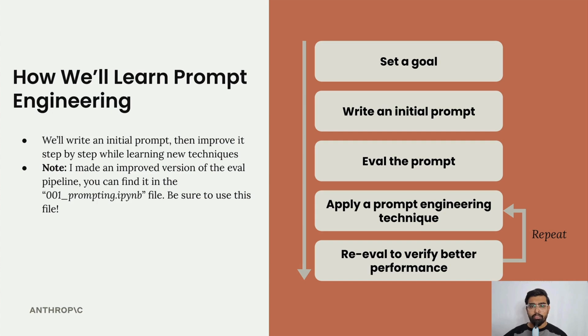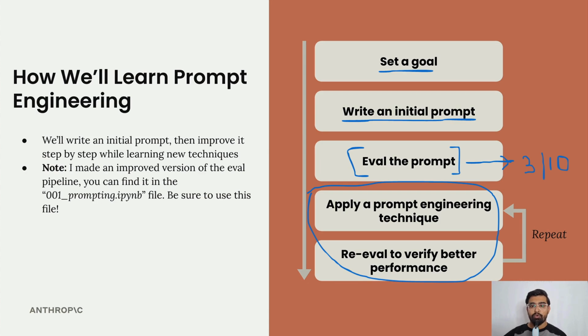Before directly going into an example, first understand with this simple flowchart how exactly we'll implement different prompt engineering techniques. For a specific goal, we'll have our initial prompt. Then that prompt will run through an evaluation pipeline. What exactly will we get out of here? We'll get a score showing how effective your prompt is. Let's say out of 10 you got a score of 2.